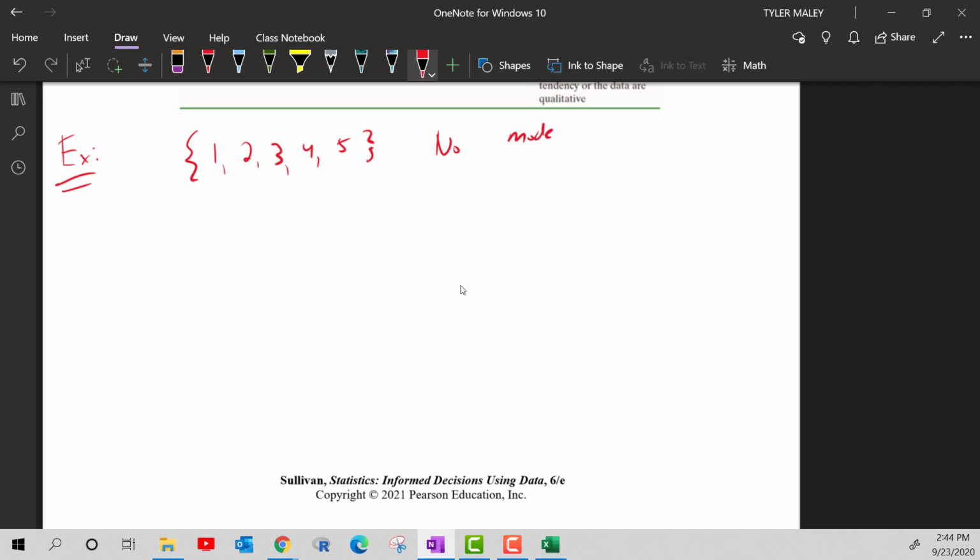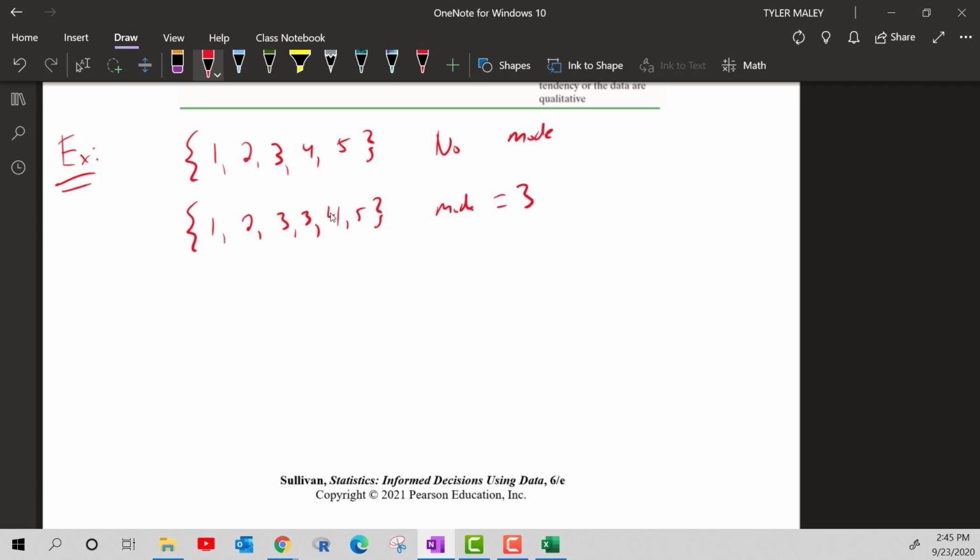Because there's not one observation that occurs more than once. And then if I have the numbers 1, 2, 3, 4, 5, notice the number 3 occurs twice and all the other numbers occur once, right? So the mode in this case would be equal to 3.